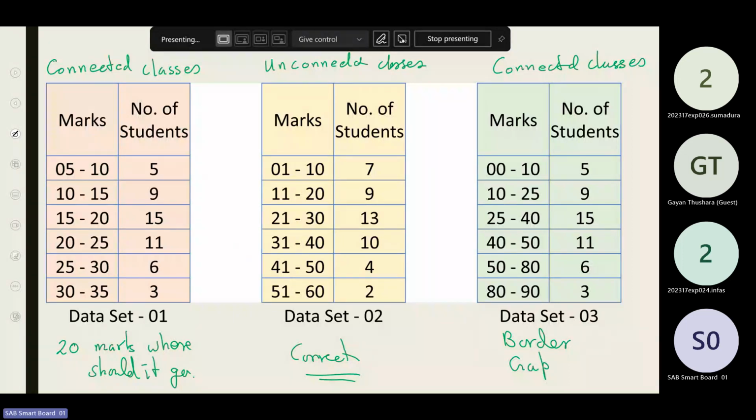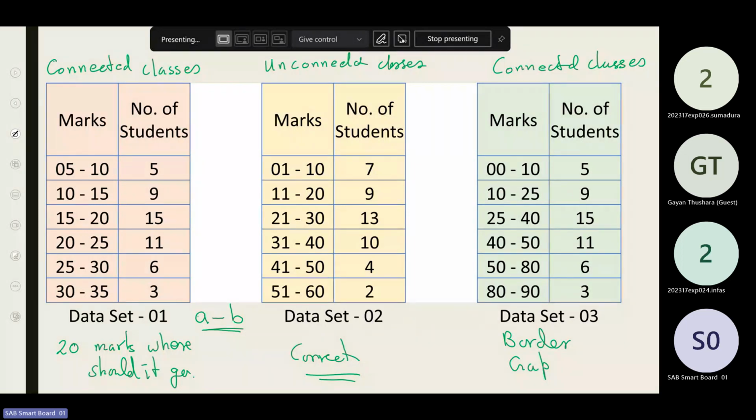So in the connected classes, if you take one particular class, it is of the form A to B, like 5 to 10, 10 to 15. So A and B are two values.